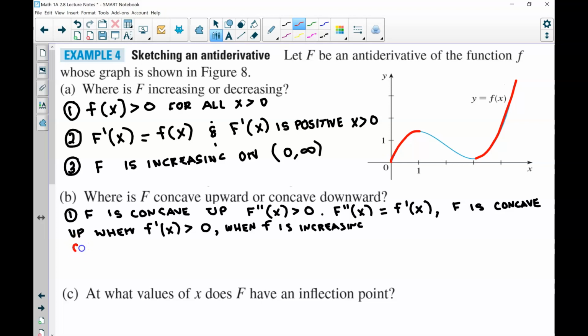So it is concave up on the following intervals: from 0 to 1 and 3 to infinity.